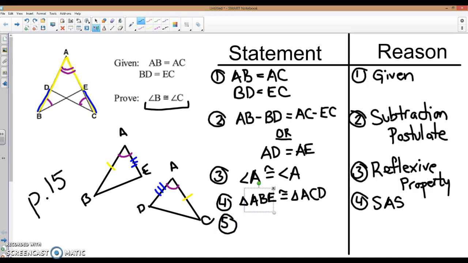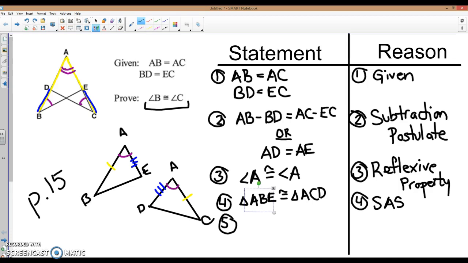And now we're ready for our last step, which says to prove that angle B is congruent to angle C. Once you prove that triangles are congruent, then you can conclude that any corresponding part is also going to be congruent.